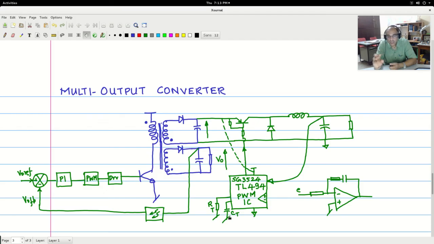So one can use one of these types of non-isolated DC-DC converters to act as regulators in multi-output converters. That way all the outputs of the multi-output converter will be regulated and give you proper and expected outputs.